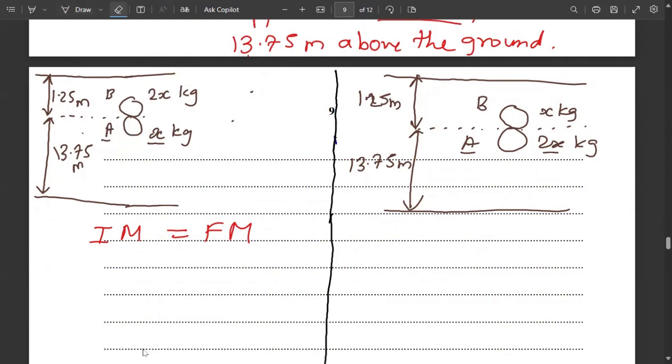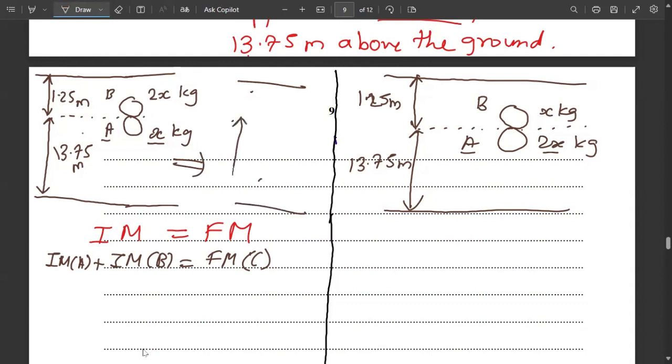That will be the initial momentum of A and B. The initial momentum of A and the initial momentum of B will equal the final momentum, when they stick together and become one particle. That is the final momentum of C. After this happens, they stick together at this point only, at 13.75, 1.25, and right here it forms C. So what will be the momentum? That we will find out.